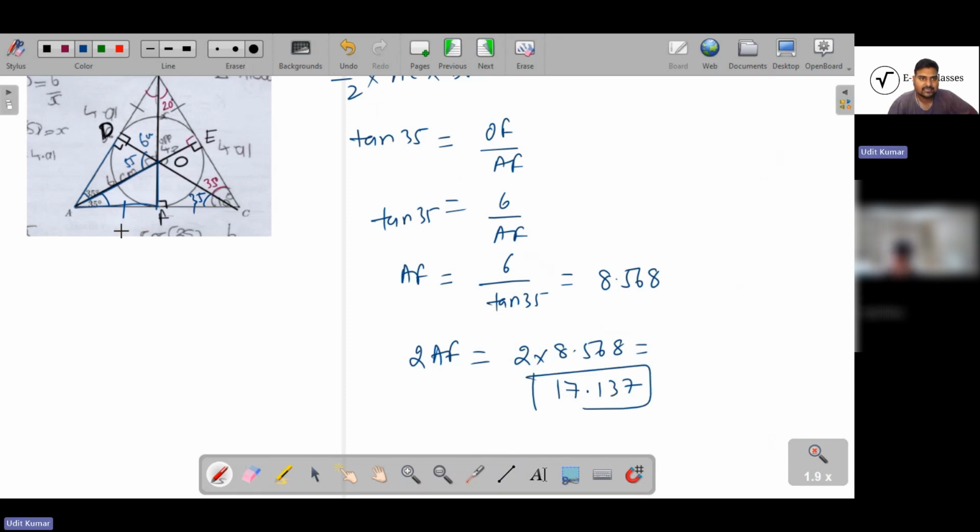Okay, so that is the value of AC. So AC we just found out, 17.137.